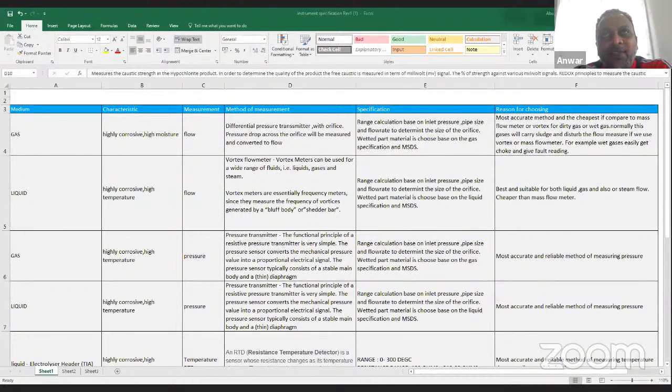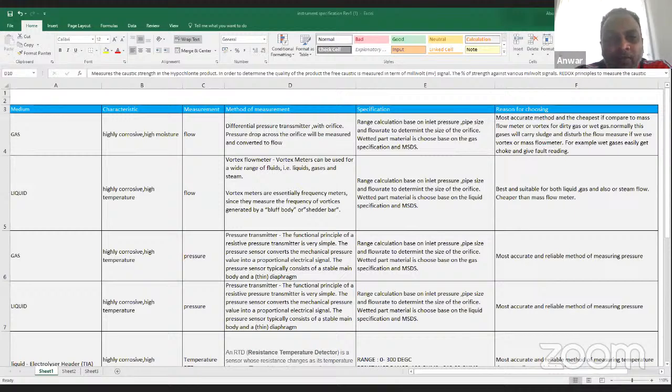This transmitter is located underneath, at a very low level of the tank, obtaining the static pressure of the liquid in the tank. It is converted into the level measurement of the tank, and considering the density of the liquid, it is again converted into the tonnage of product that we have inside the tank.